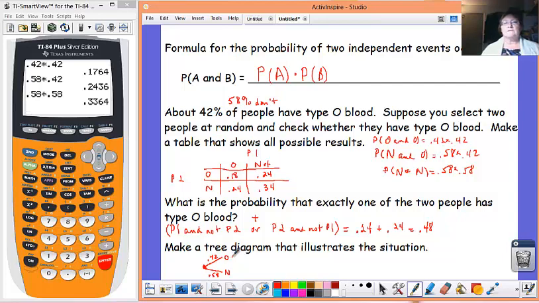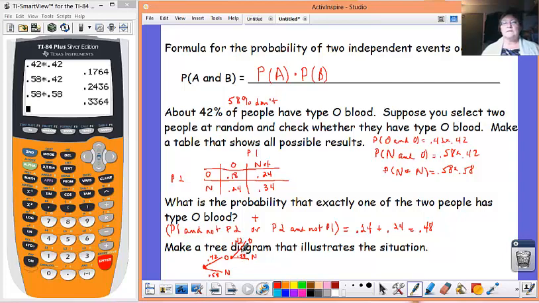Each stage of the tree diagram has to add up to 1. Once we've selected the first person, then we pick the second person, and there are 2 choices for that person. He or she either has type O blood, and there would be a 0.42 chance of that happening. Now I'm going to ask you to think about this. There's also the chance that they don't have type O blood, and that would be 0.58.